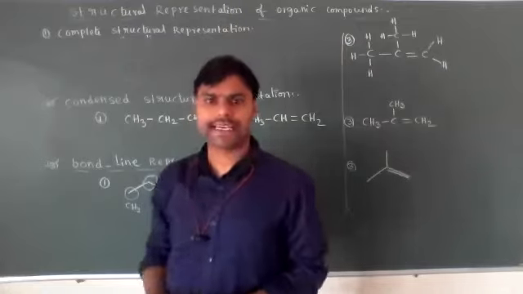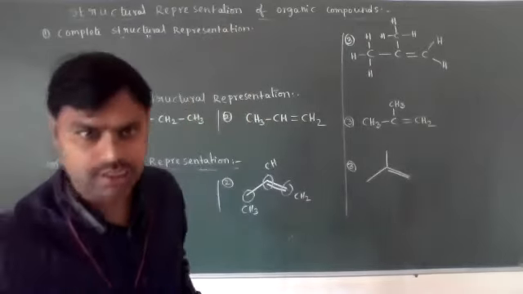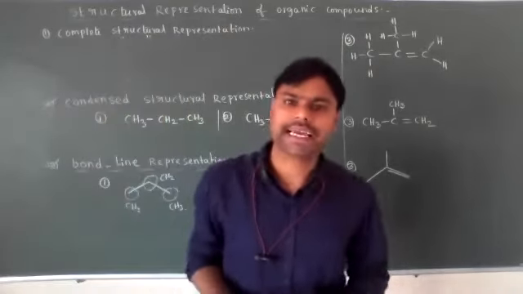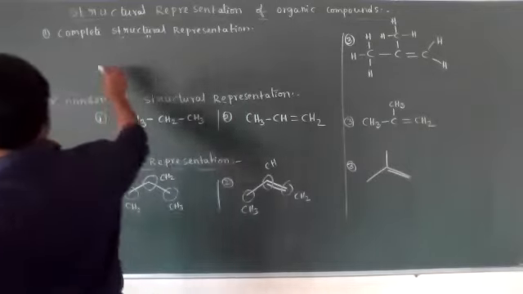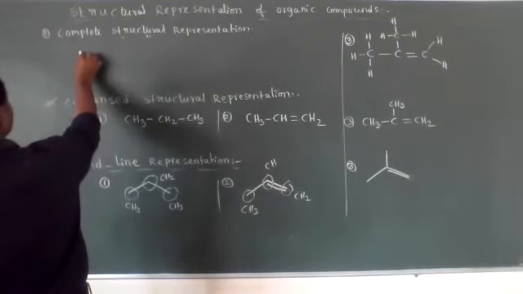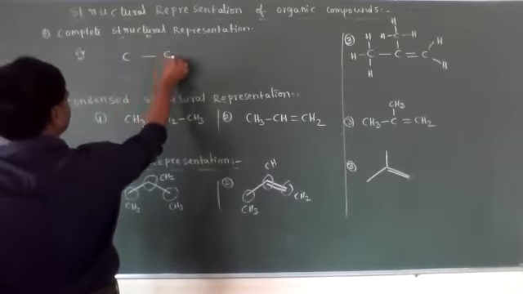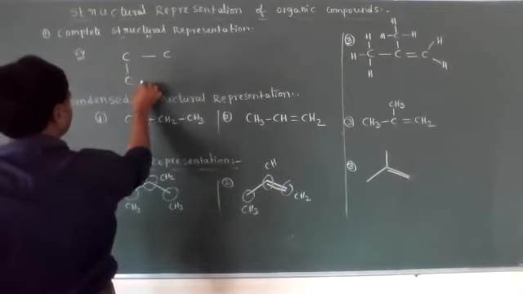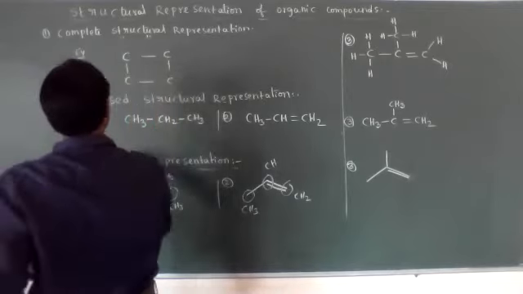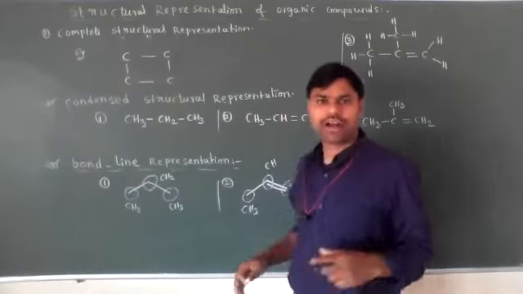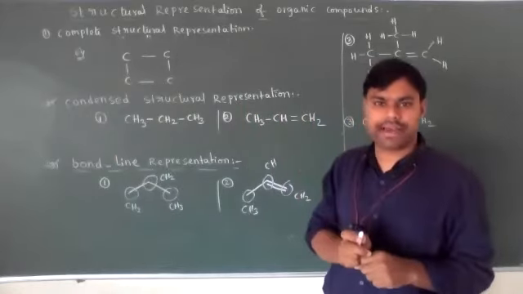For example, cyclic compounds: do you want to draw the structure? Cyclic compounds, like cyclobutane. Next example, let's see. Cyclobutane has 4 carbon atoms connected in a cyclic manner.